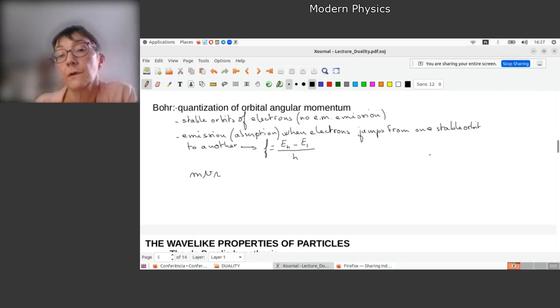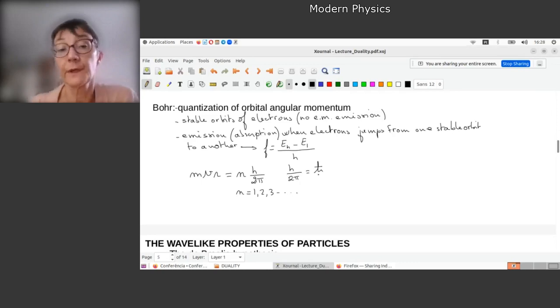We use a circular orbit, so we have the linear momentum p equal to mv, and the position of the electron in relation to the nucleus, they are perpendicular, so the expression of the angular momentum is mvr, and he says this is n, which is an integer, n equal to 1, 2, 3, etc., times h over 2 pi. And this h over 2 pi, we call it h bar.